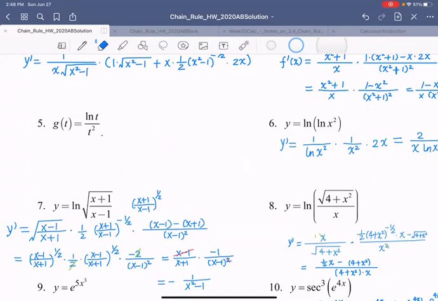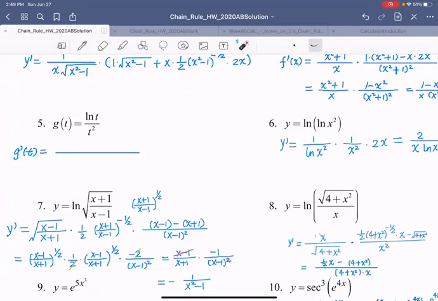Clear. Let's do number 5. If I were to do the derivative of ln t, is it 1 over t? Yes, we can do the quotient rule first.